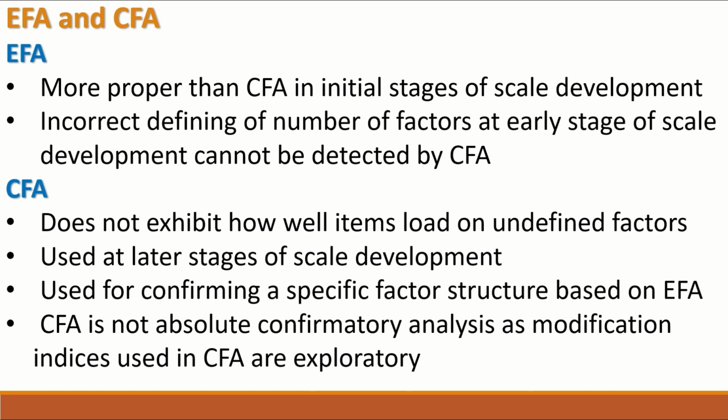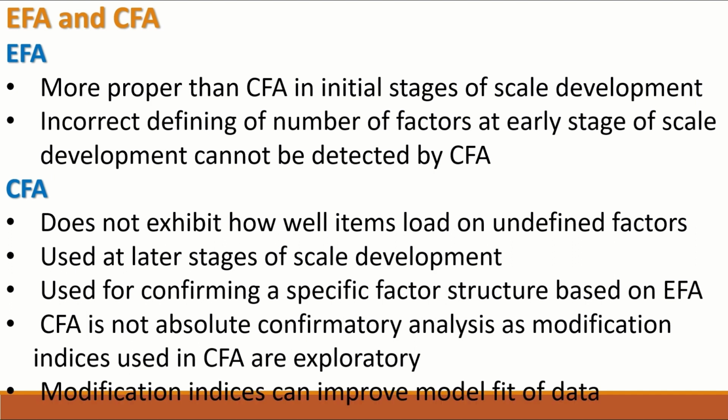What does that mean? That means you could have a possibility to modify the structure of the model by omitting specific items that do not well fit or represent the factor structure. So modification indices can improve how well the model fits the data.